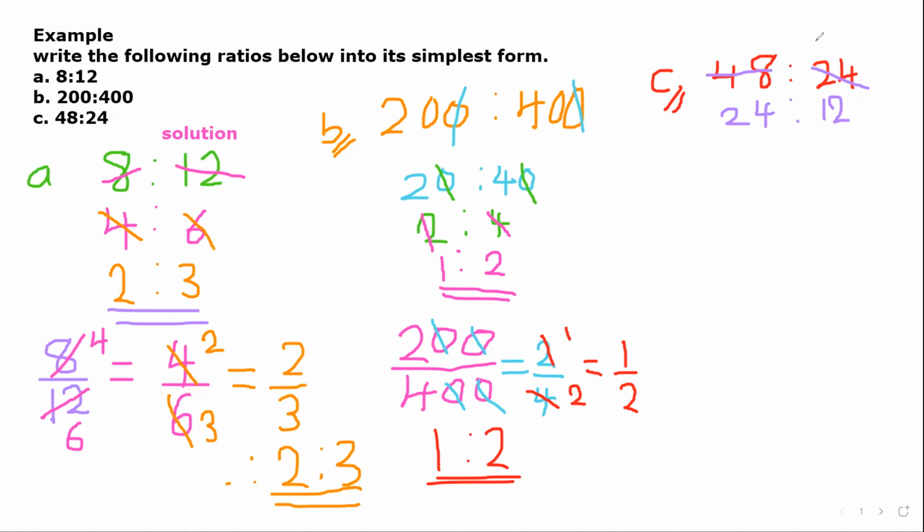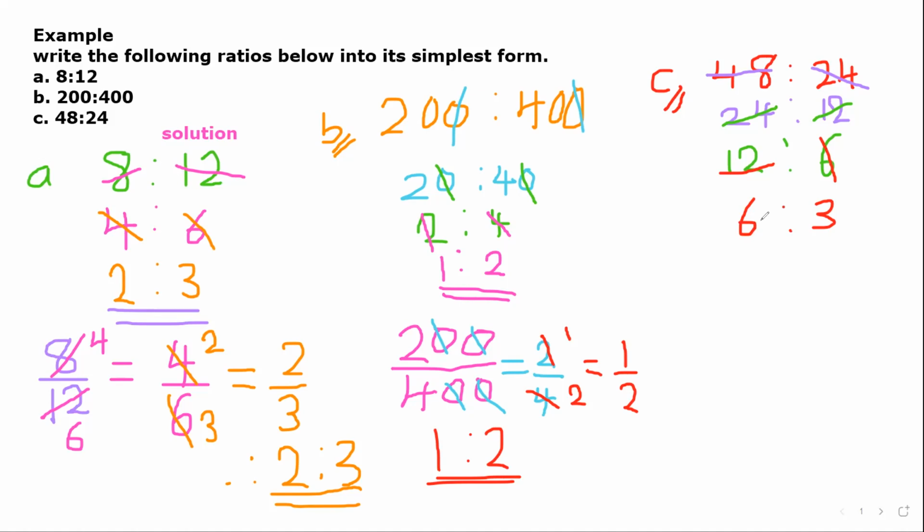Then they are still even numbers. You can also cancel. 2 goes into 12, 6. And then 2 goes into 24, 12. Okay, good. They are still even numbers here. So you can still reduce them by 2. 2 goes into 6, 3. And then 2 goes into 12, 6.